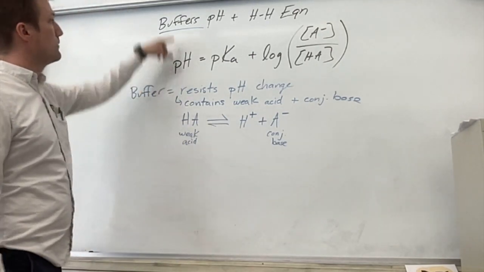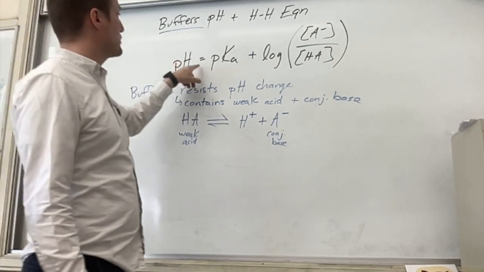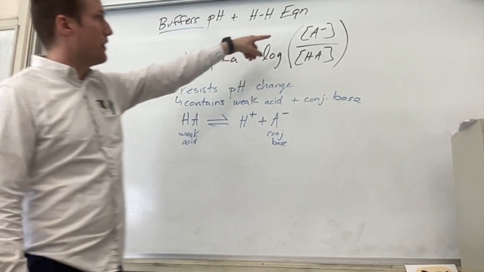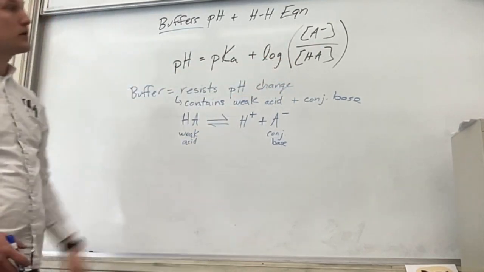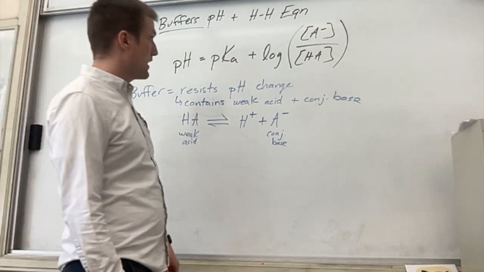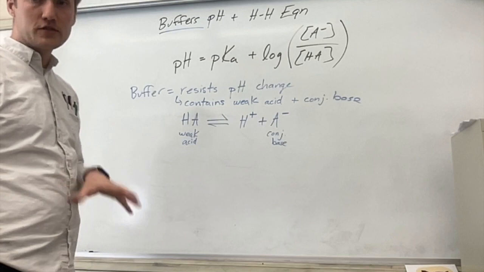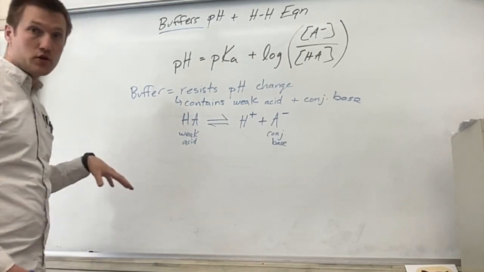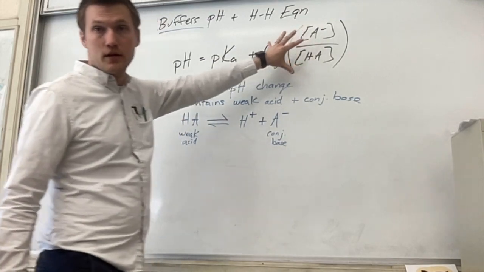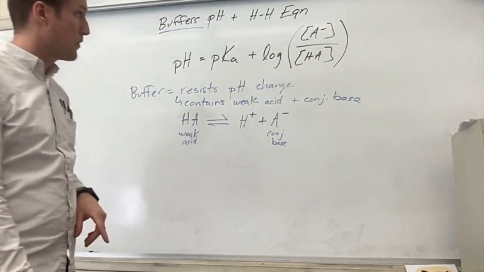And so for a buffer, the pH is given by the Henderson-Hasselbalch equation. pH equals the pKa plus the log of this ratio, the base over the acid concentrations in solution. And so that explains why we said at the half equivalence point on a titration curve, the pH equals the pKa. Without this term, because at the half equivalence point, this term equals 0.